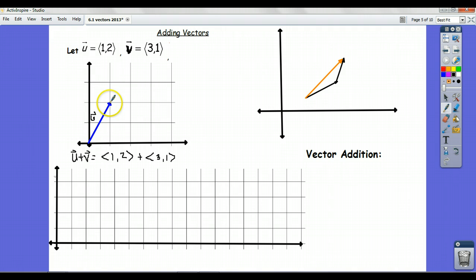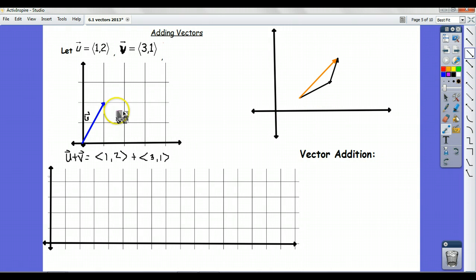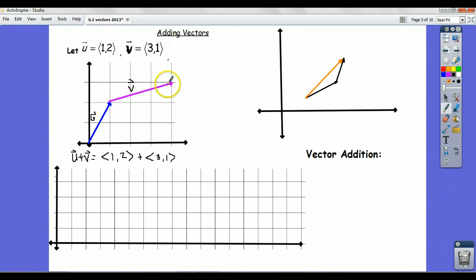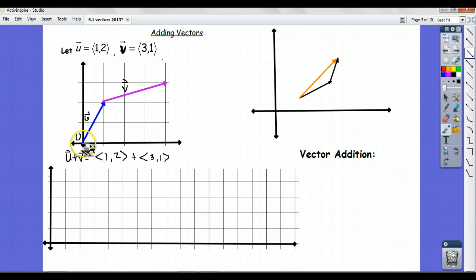From here, you're going to take a ride on vector v, which moves you 3 to the right and up 1. So there's vector v. I took a ride on vector u, then on vector v. And the result is a vector that took me from the origin to this point right here. So the result is this vector, which I'll put in red. That red vector is u plus v.